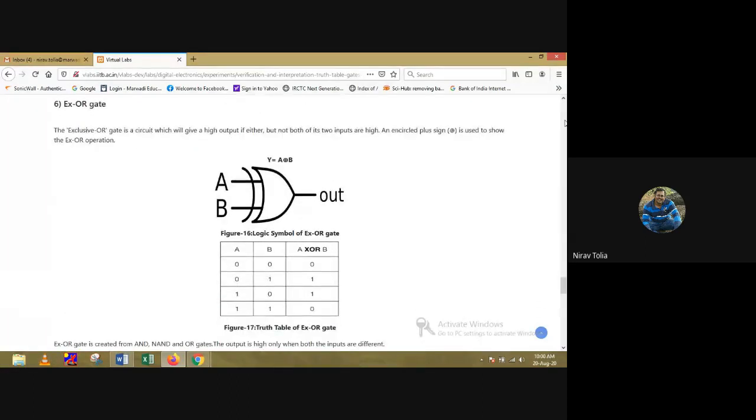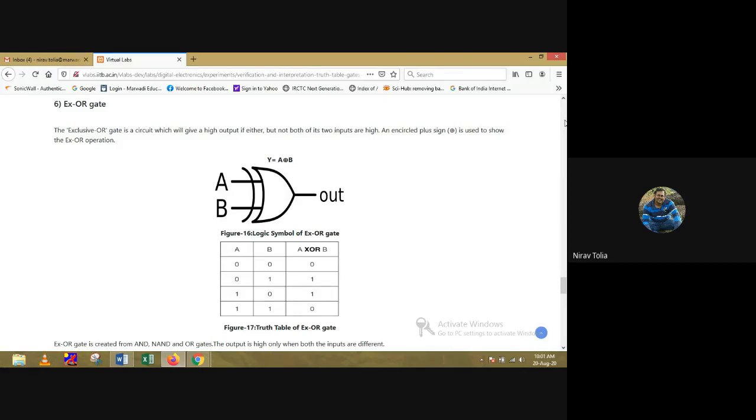Now this is somewhat a special gate, which is known as the exclusive OR gate. When will the output of the exclusive OR gate be 1? As a truth table, if all the inputs are the same for the exclusive OR gate, then our output will be 0.